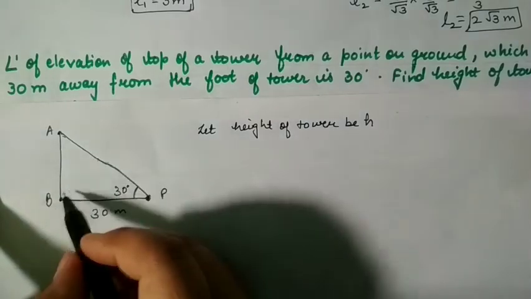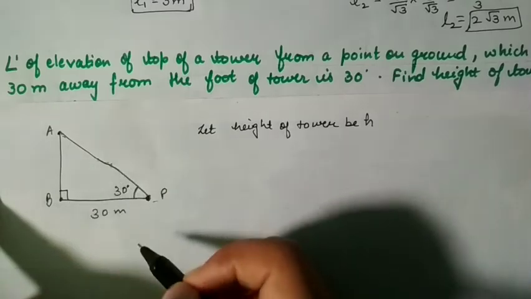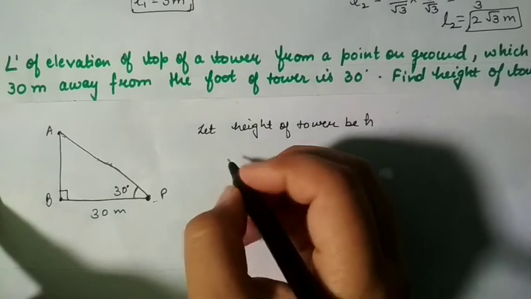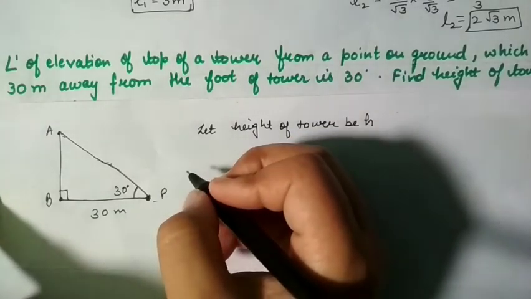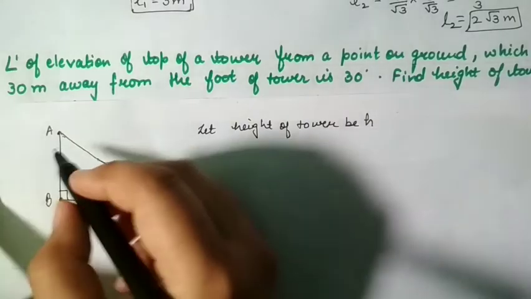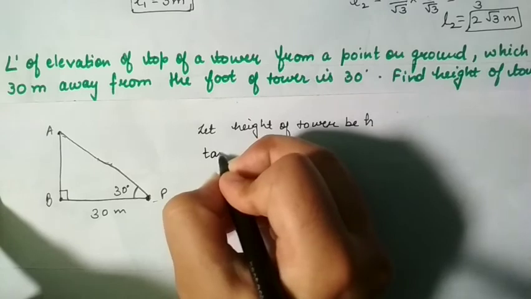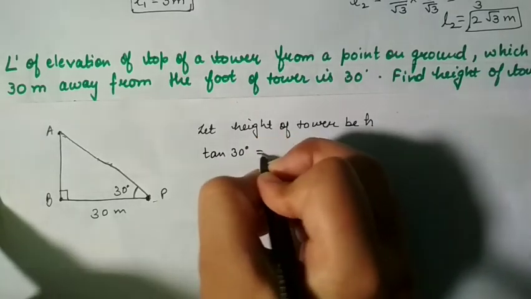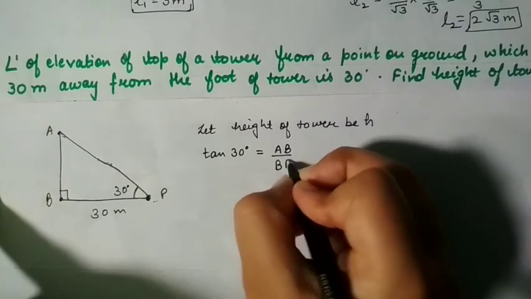This will be base because this is 90 degrees, this is hypotenuse, and this is theta, so BP will be the base. Therefore, is there any trigonometric ratio that gives the relation between base and perpendicular? Because we need to find perpendicular. So it is tan. So tan 30 degrees is perpendicular, that is AB, upon base, that is BP.